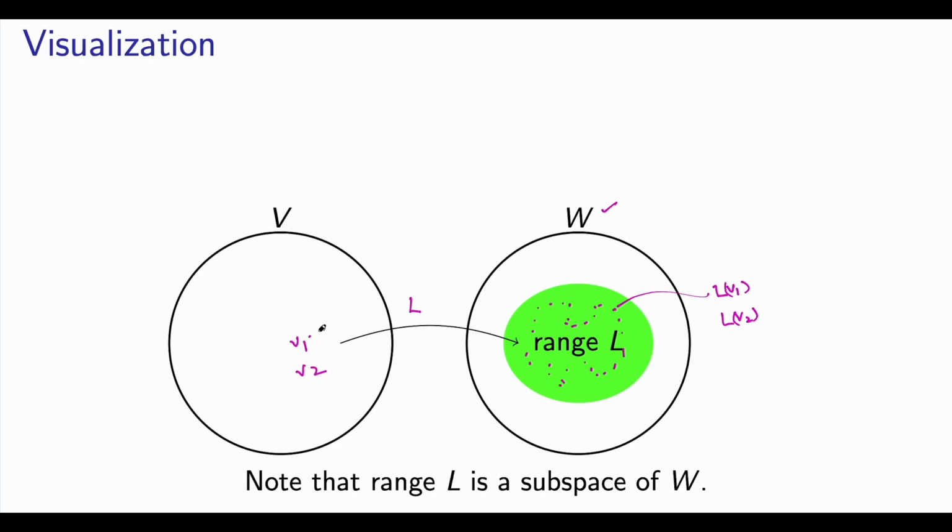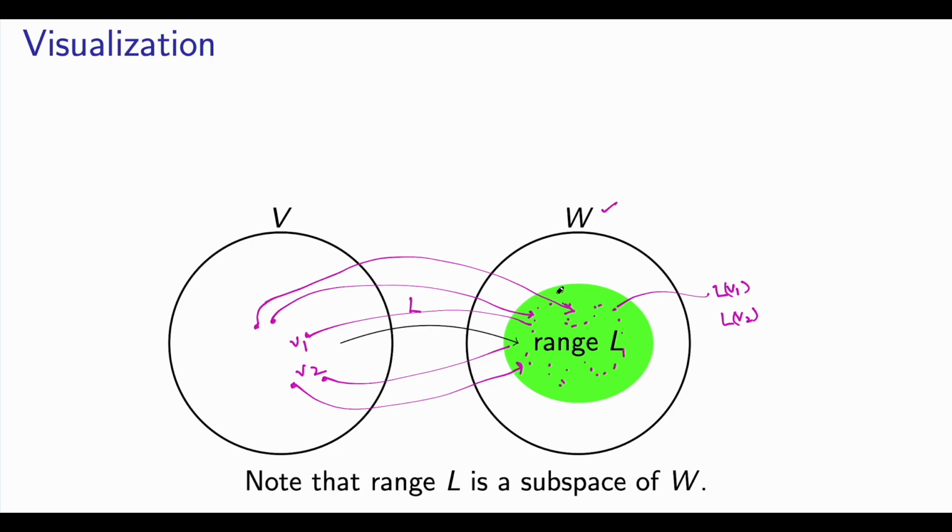So that maps to here, that maps to here. All those points coming from V, L of V, for some V in V.